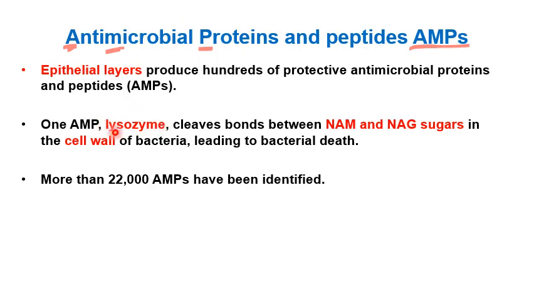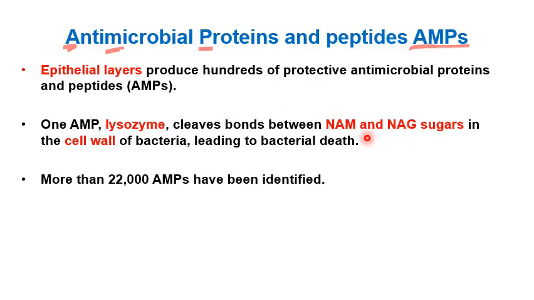Lysozyme is very, very important against bacteria. This lysozyme is going to break some sugar bonds, some disaccharide bonds. You have NAM and NAG sugars that are typically on the surface of certain bacteria, especially gram-positive bacteria.